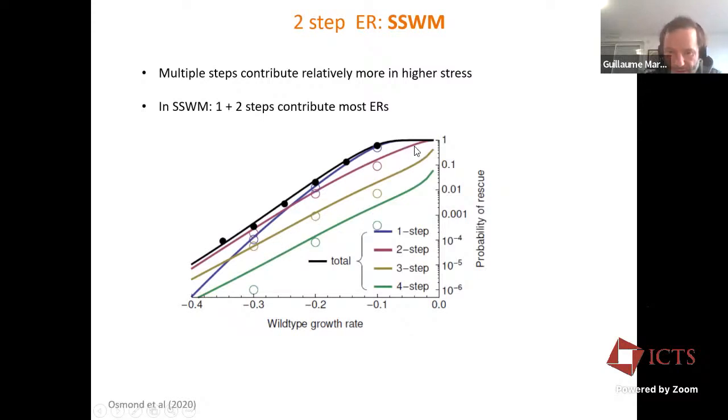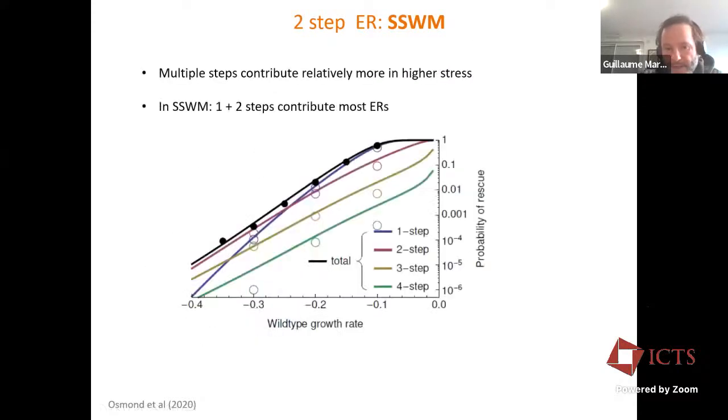What is important also is that the 2 step takes over for very large decay. So when you have a strong stress, almost all the rescue comes from 2 steps, because it's too hard to produce a resistance by 1 step. That's a bit like when you have very high drug doses. Sometimes you obtain it empirically by selecting your bacteria on an intermediate dose and then putting them in the other dose, and they accumulate two mutations.